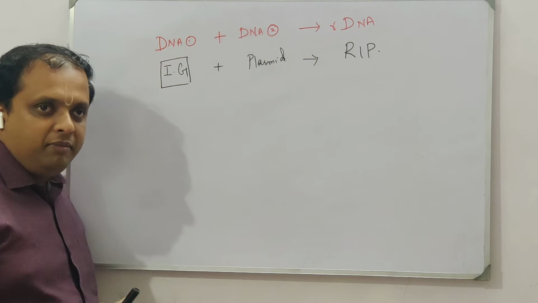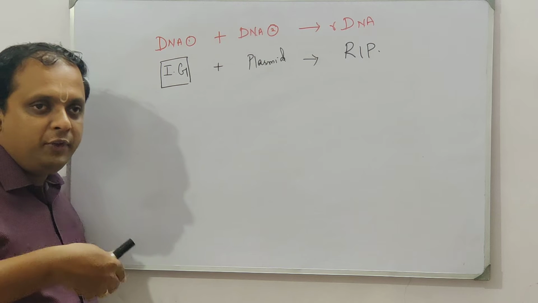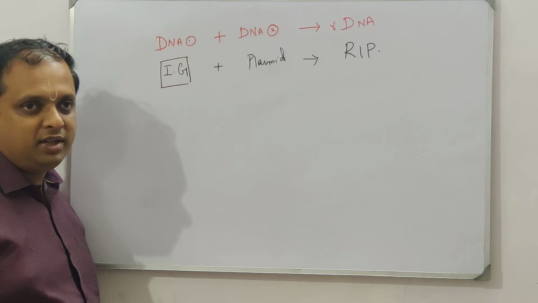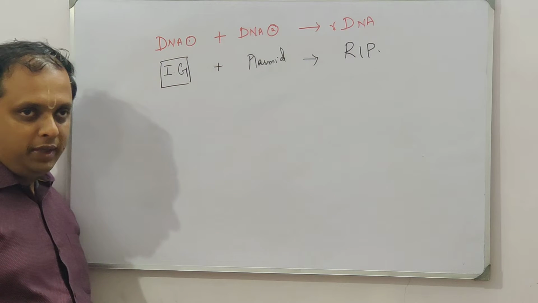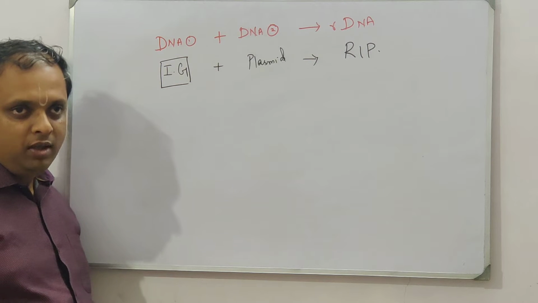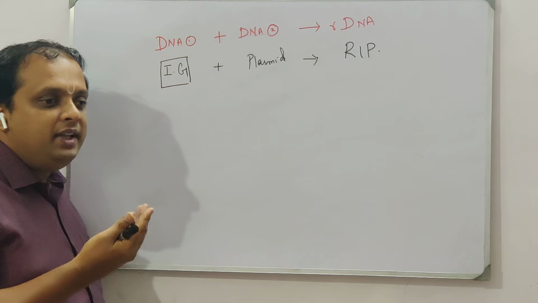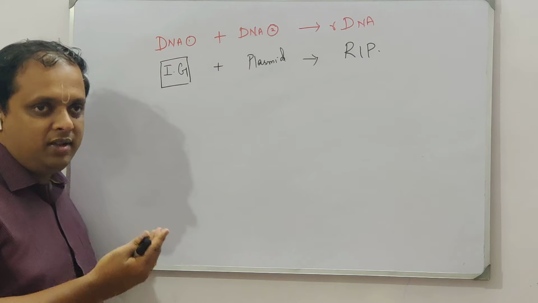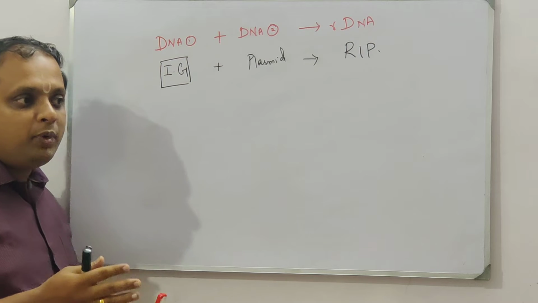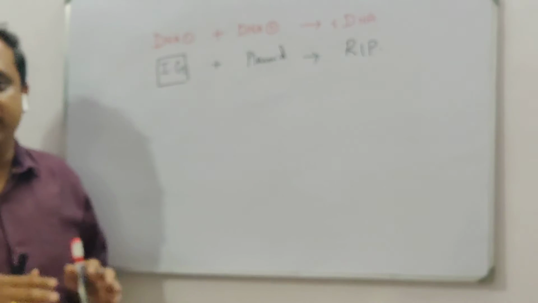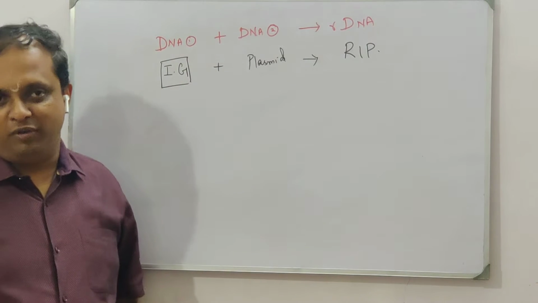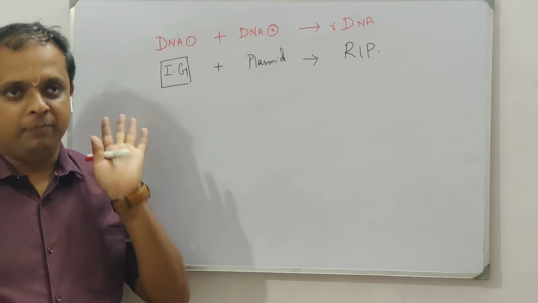If you consider me, I have n number of nucleated cells, except matured RBCs and platelets. All my cells are nucleated, which means that inside the nucleus there is going to be a DNA in the form of chromosome. So if I am going to get the DNA from, say, a thyroid cell or a pancreatic beta cell, the DNA profile in these two cells is going to be similar. There's no difference in the DNA profile. This has to be kept in mind.